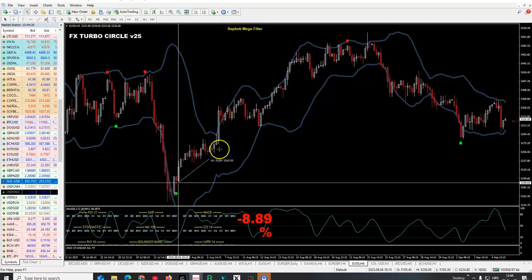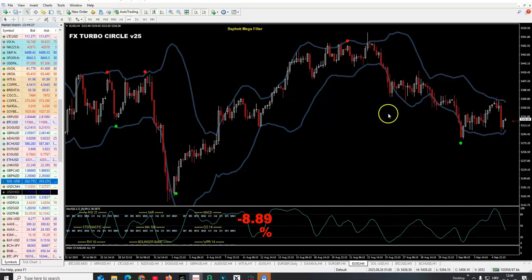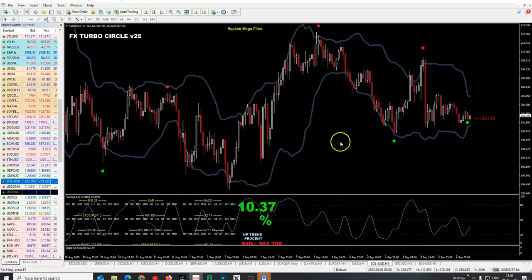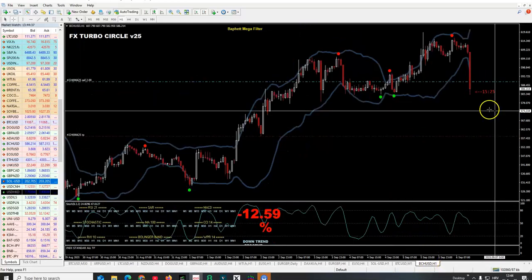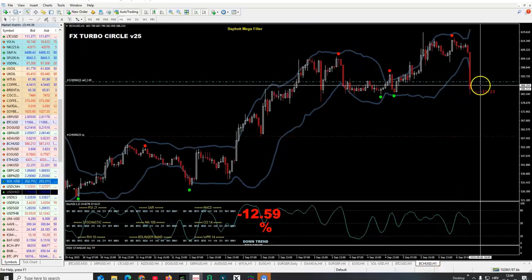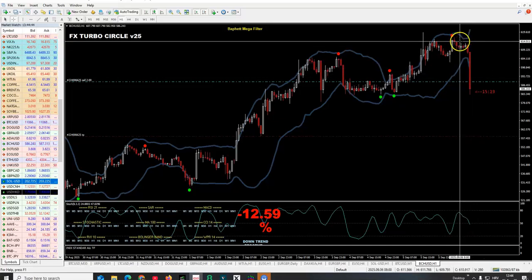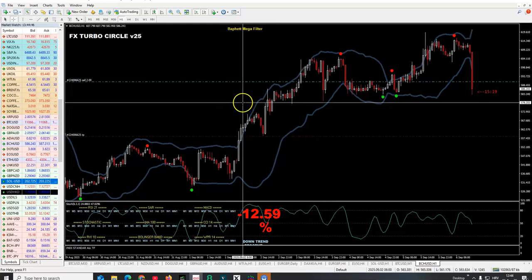You see, from here up to here, on a 4-hour chart, 3000 pips. So guys, this is how it works. You see this, I was taking this today, but we should take it here, according to the rules.